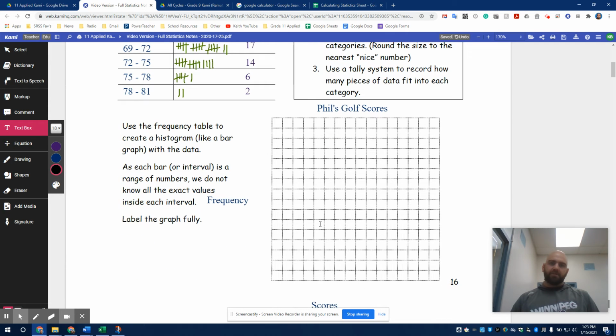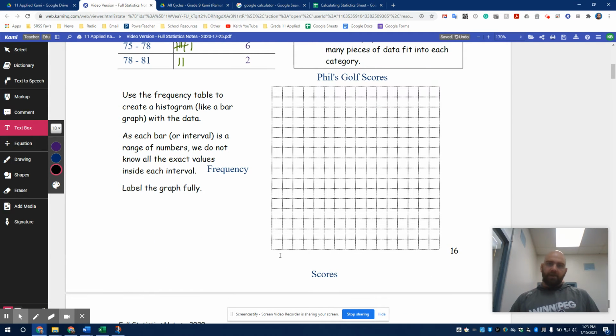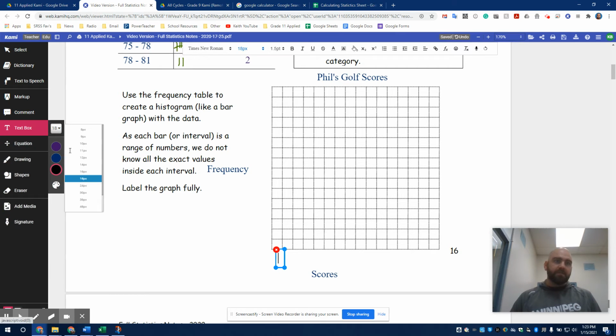I'm going to start here at the side. I'm going to make my numbers a little bit smaller so they can all fit in nicely. There's going to be 60 there. And then I'm going to jump up by threes here. So that's 66. And remember, these are my intervals, the intervals that I used.